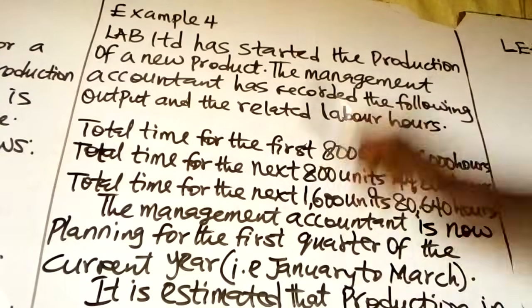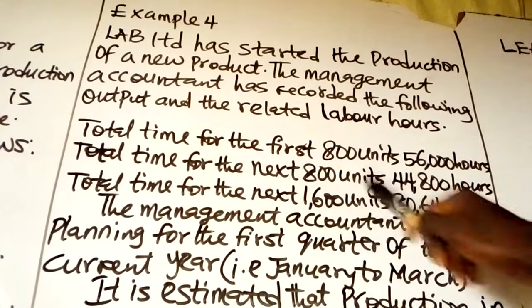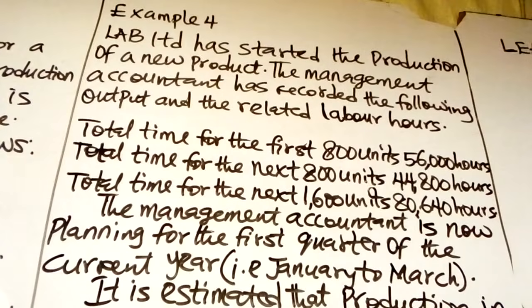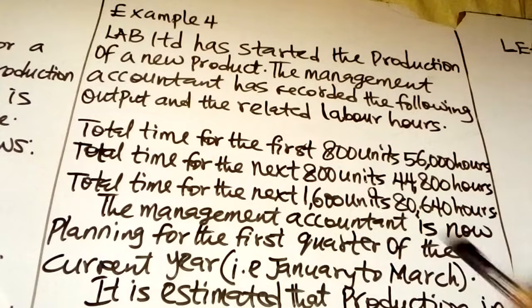Total time for the first 800 units is 56,000 hours. Total time for the next 800 units is 44,800 hours. We are also given total time for the next 1,600 units, and that is 80,640 hours.